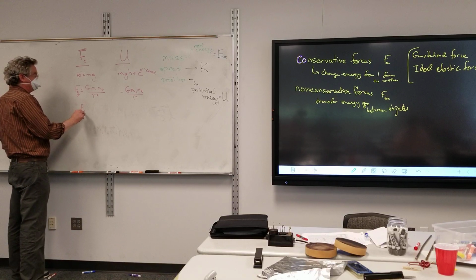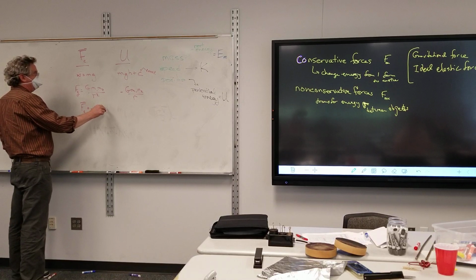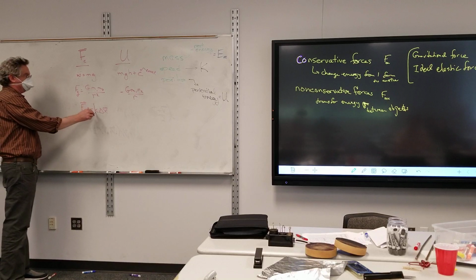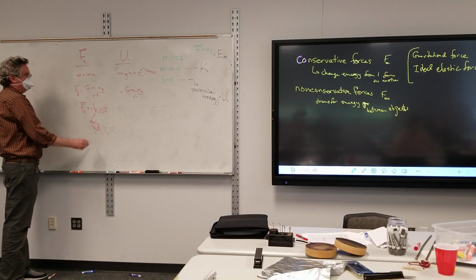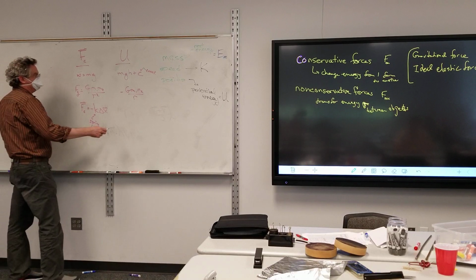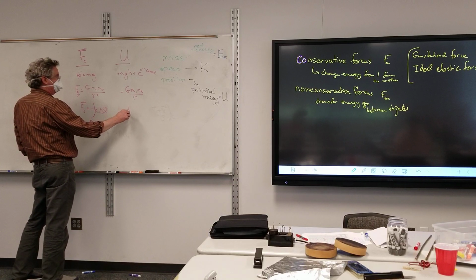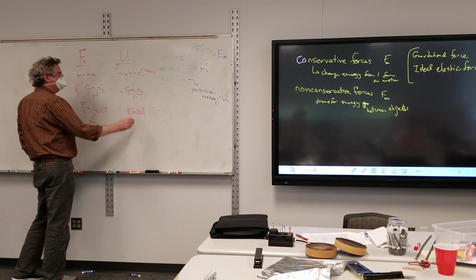Ideal elastic: this k right here is a lowercase k. This is known as the spring constant. The potential energy formula associated with that is 1/2 k delta x squared.